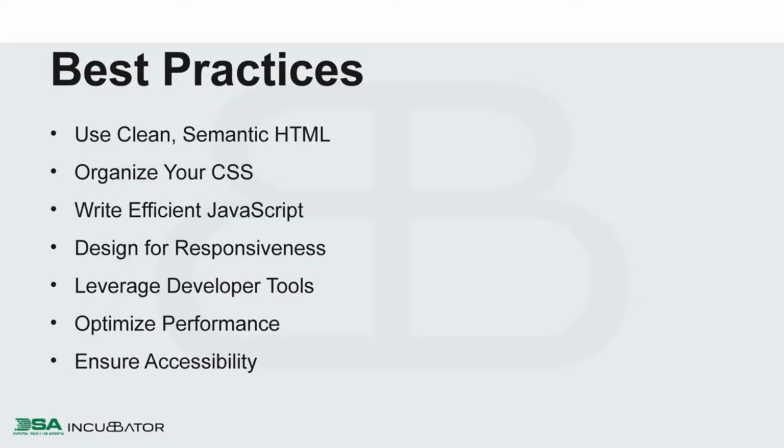We have H1 down to H6, right? We also have paragraph. There's nothing stopping you from using a paragraph as a header. All you need to do is to set the right font size, make it bigger, and no one will know that it's even a paragraph tag you are using as a header, right?